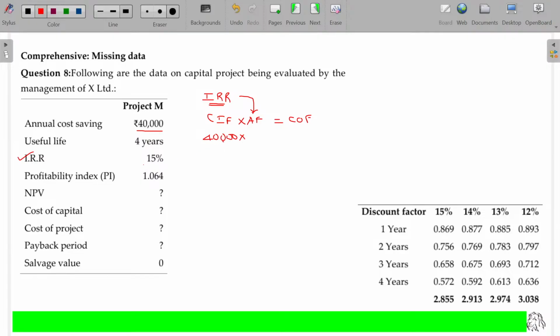And the annuity factor for 15% is 2.855. So from this it is very easy to find out the cost of the project, the cash outflow. What's the value? 1,14,200. So the cost of the project is 1,14,200. Out of 4 we have calculated 1. Payback period is very simple, right? How do you calculate the payback period?